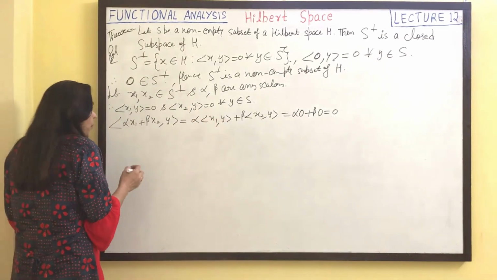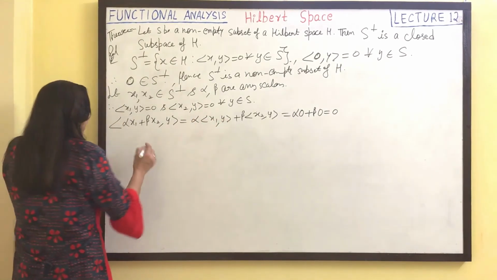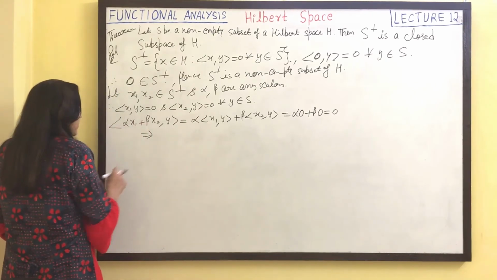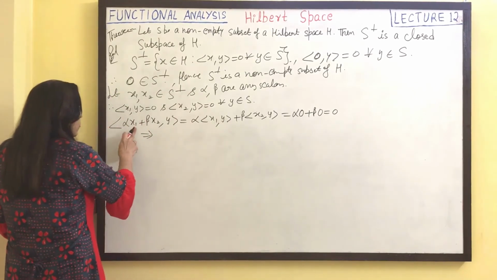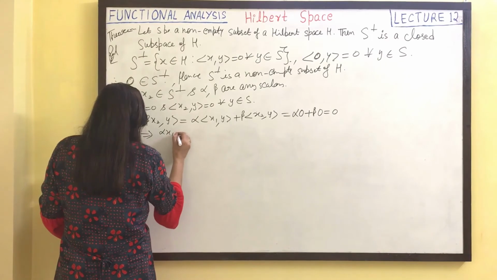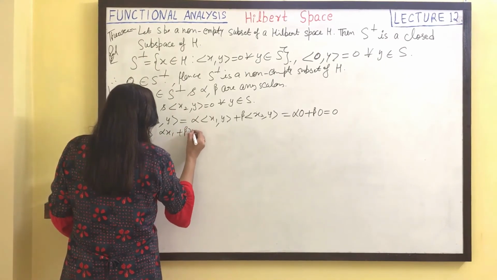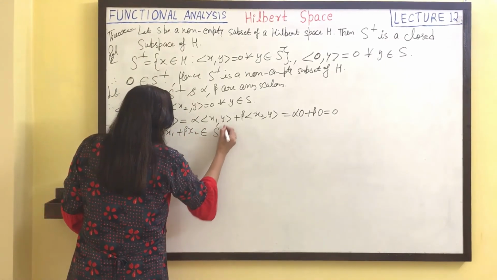Okay, so therefore this implies alpha x1 plus beta x2 belongs to S perpendicular.